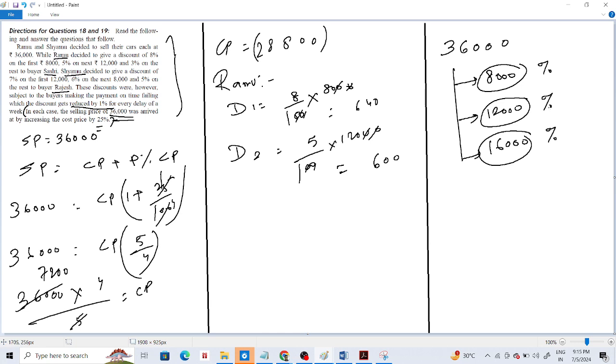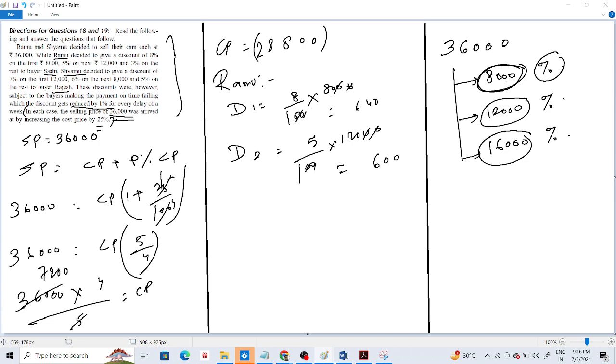Why are we not using the successive discount method? No, this is not successive. Successive discount is done on the same price. If on this 8,000 three discounts were given, then we would do successive discounts. But here the discounts are different and the prices on which those discounts are given are also different.